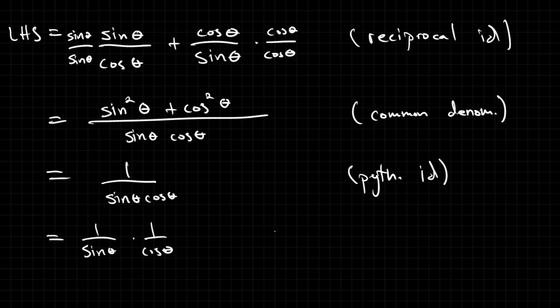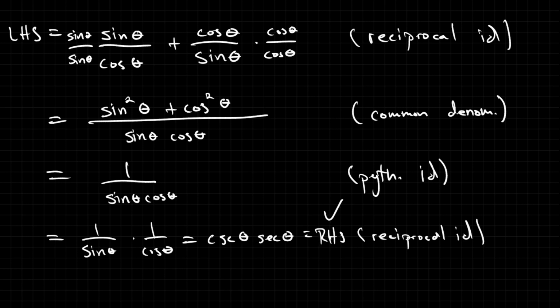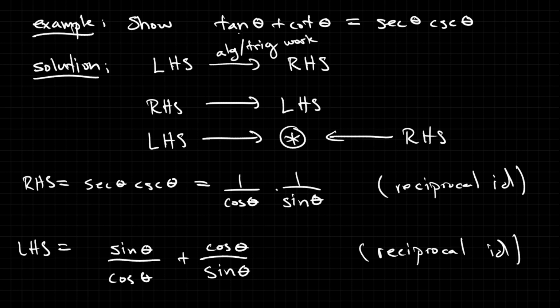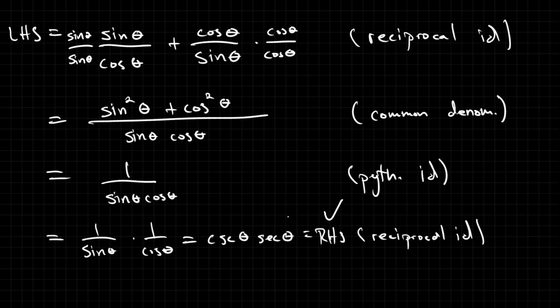There's nothing really to write here. You could put algebra if you want. But then finally, 1 over sine theta times 1 over cosine theta, that's cosecant theta secant theta. So reciprocal identities, and well, that's the right-hand side. That's what I wanted to show. I wanted to show that tan theta plus cotan theta was secant theta cosecant theta. And that's it.